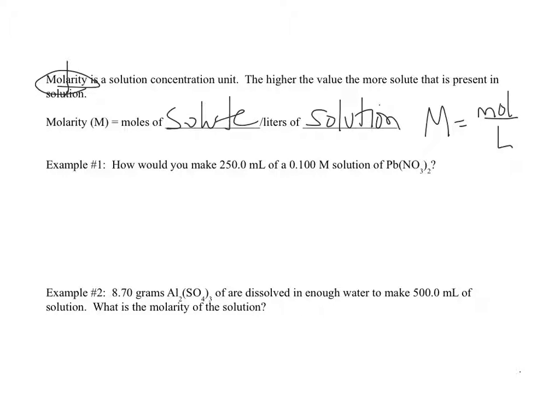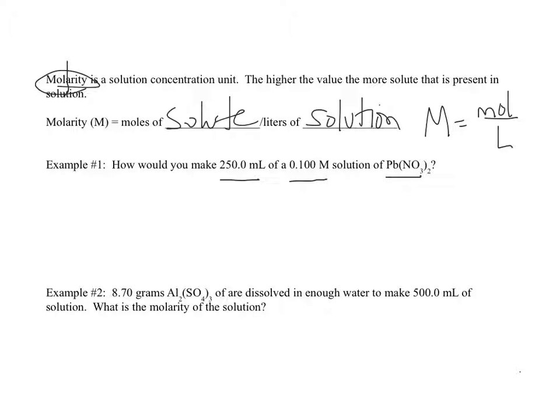I'm going to go through a couple examples for you, and then you'll have some practice problems to do on your own. So, first question here is, how would you make a solution? You're given a volume and a concentration and a formula. Most solutions are made from solids being dissolved in water.